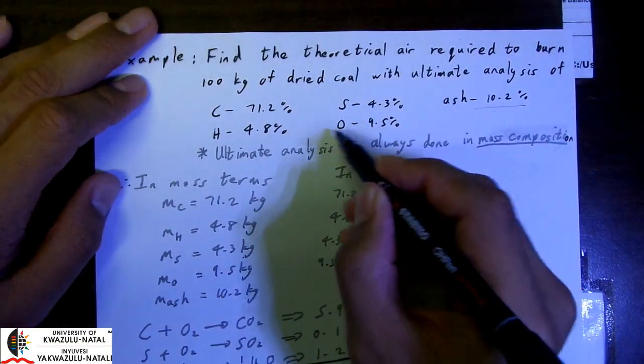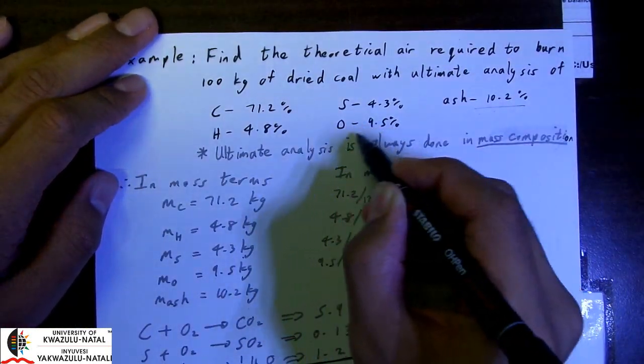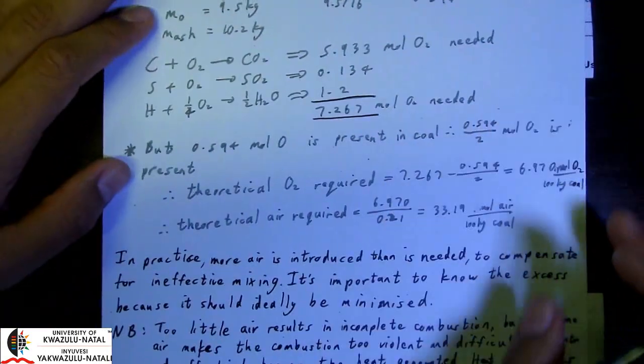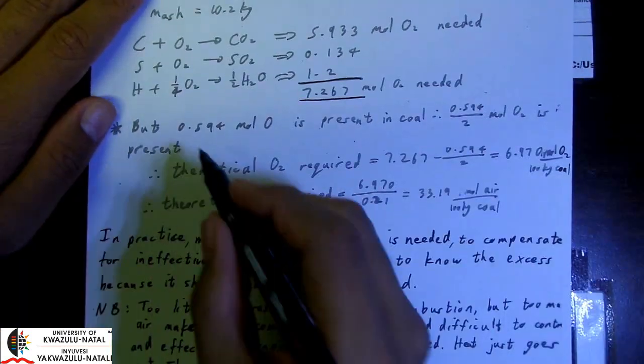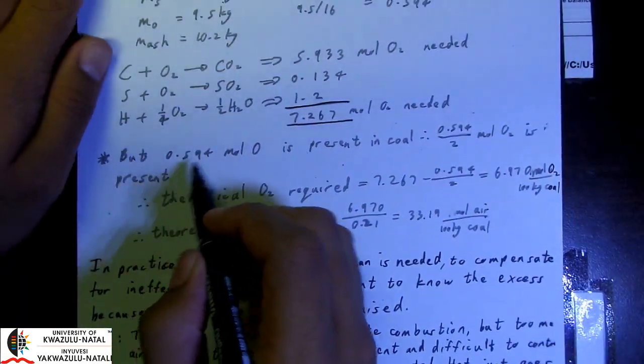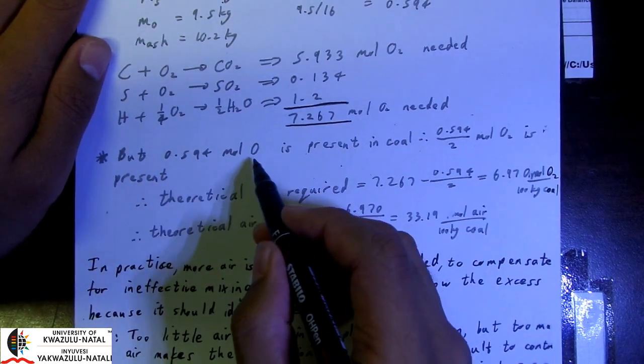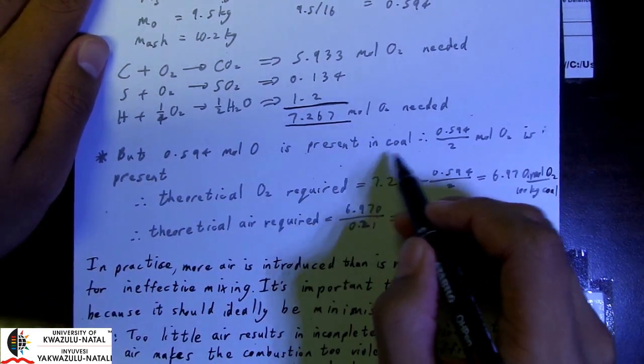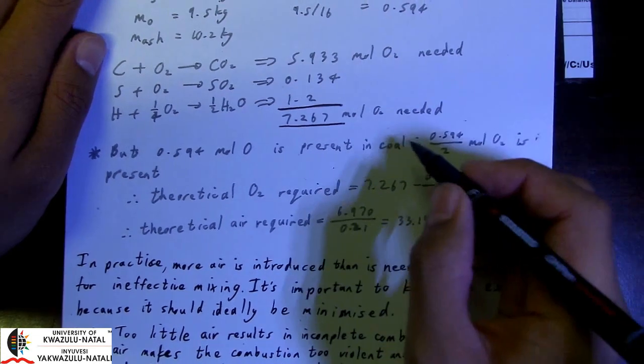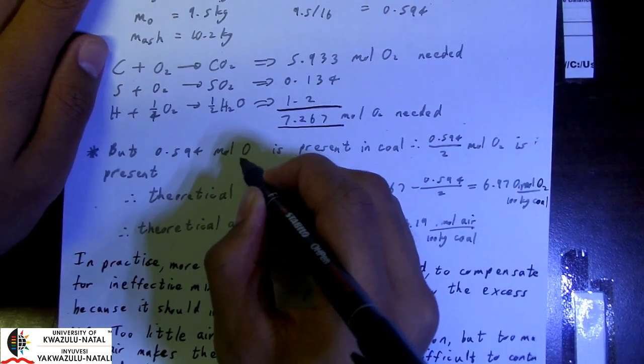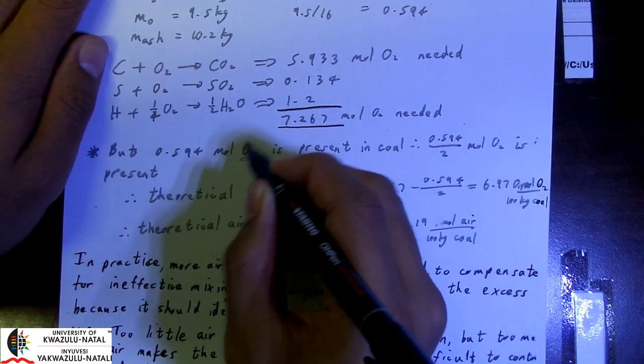But what we also mustn't neglect is that our coal already has some oxygen in it, so we have to subtract that. So we have 0.594 moles of oxygen already present in our coal, and this is moles of oxygen, right, elemental oxygen.